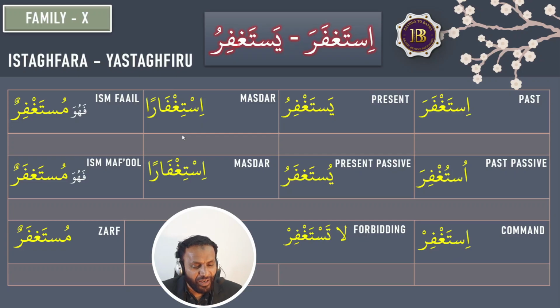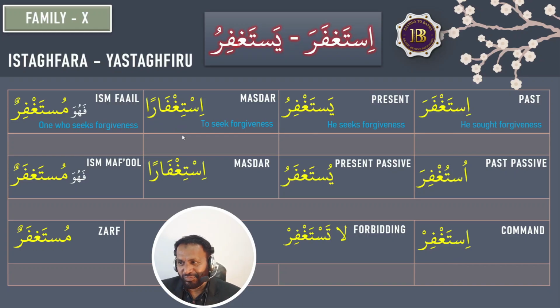So what is istaghfara? Seek forgiveness. Ask for forgiveness. Istaghfara will be, he sought forgiveness. He was seeking forgiveness. He seeks forgiveness. To seek forgiveness. The one who seeks the forgiveness.